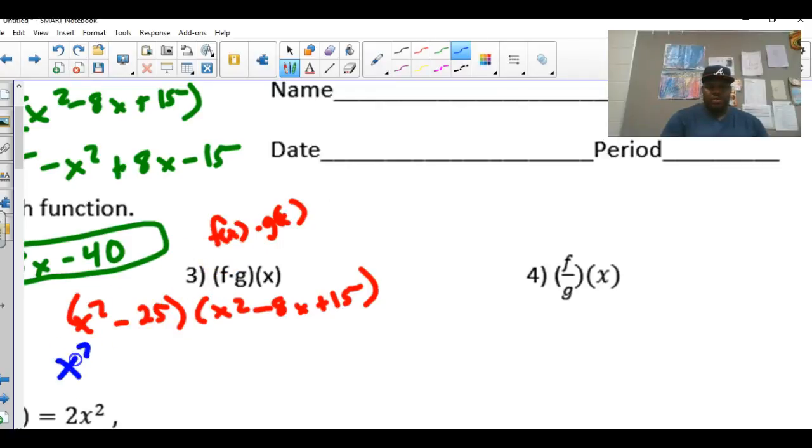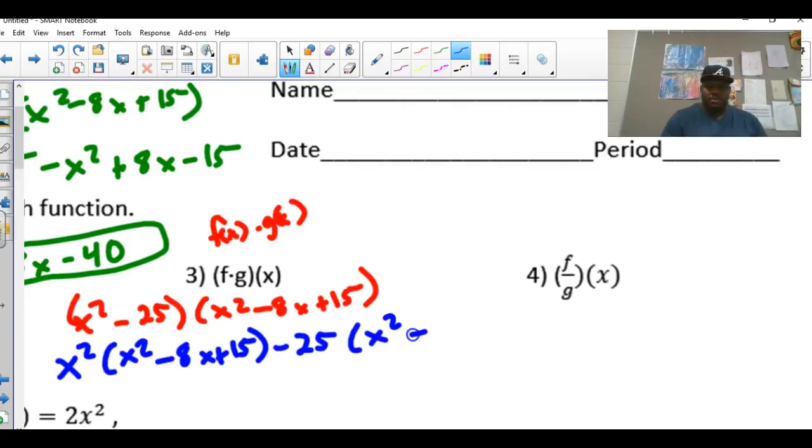To have x squared times x squared minus 8x plus 15, because this is essentially what you do when you FOIL. And this side, this is minus 25, so negative 25 times x squared minus 8x plus 15. That way it's just distributing then. You don't have to worry about first, outside, inside, last, all that stuff.